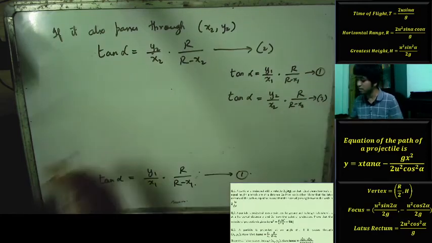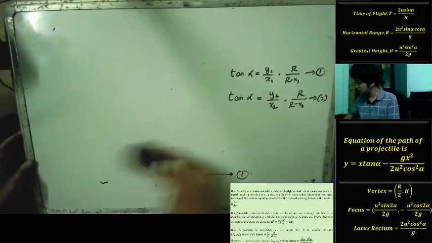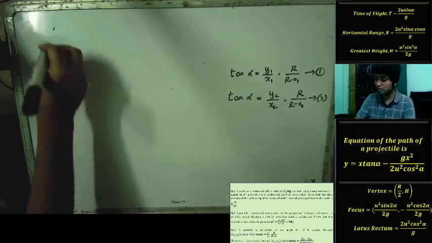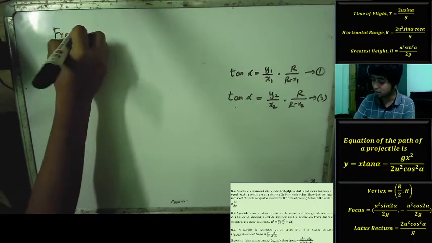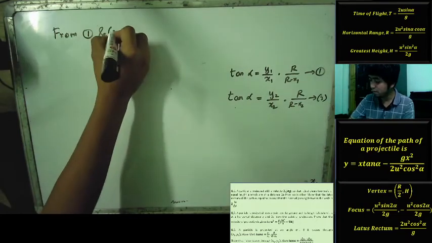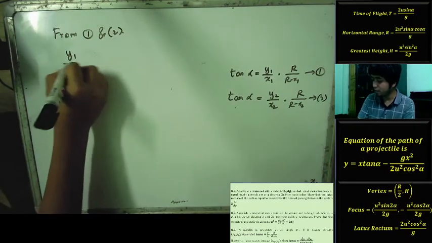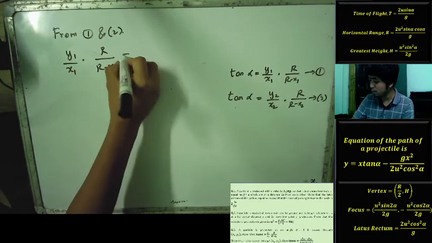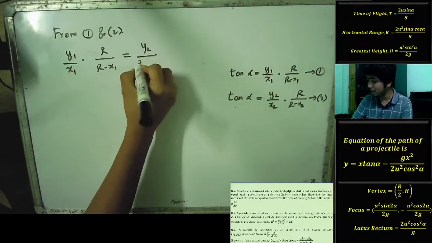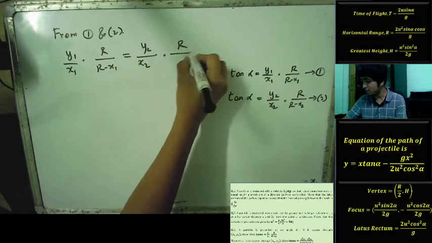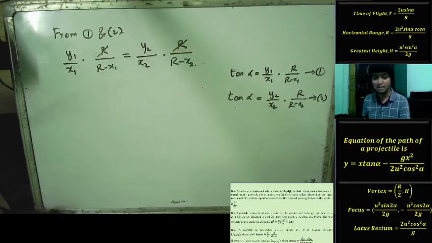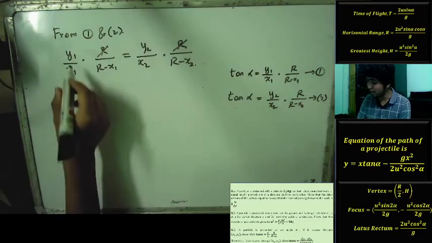This one is equation 2. Because the left hand sides are equal, the right hand sides will also be equal. From 1 and 2, you will have y1 by x1, r by r minus x1, equal y2 by x2 times r by r minus x2. R and R will get cancelled. So this is what we have.